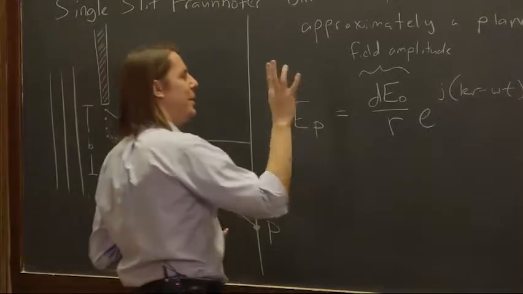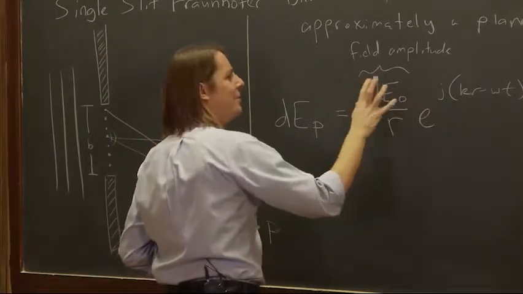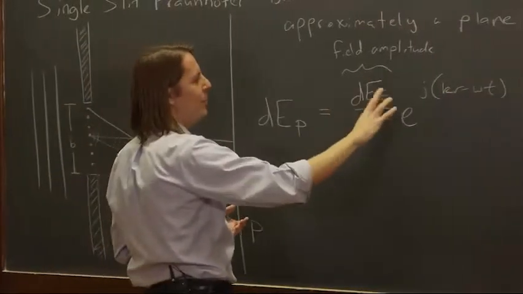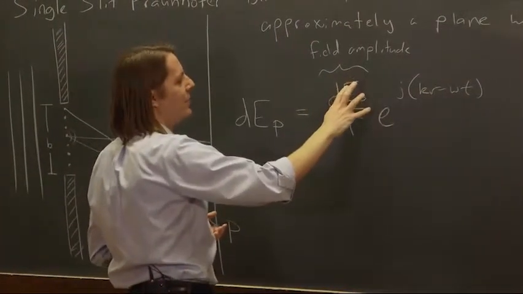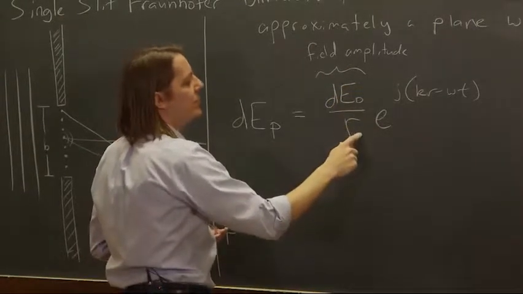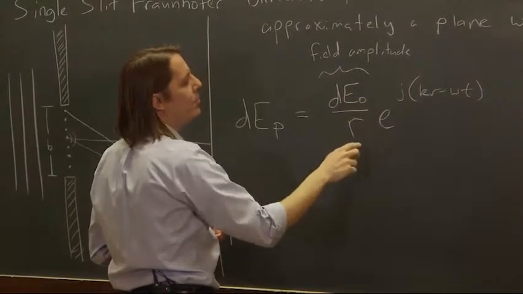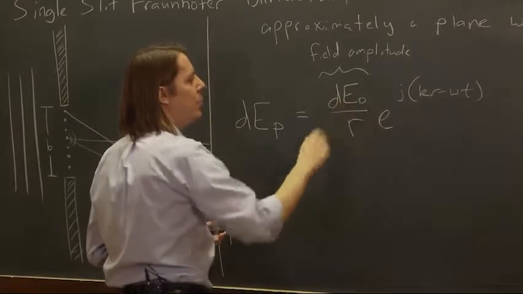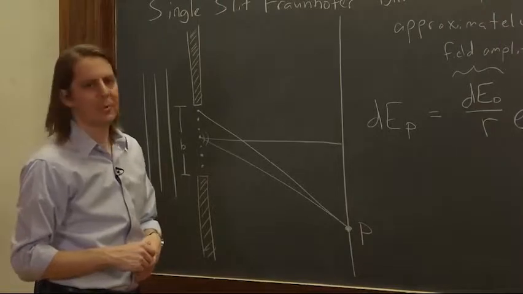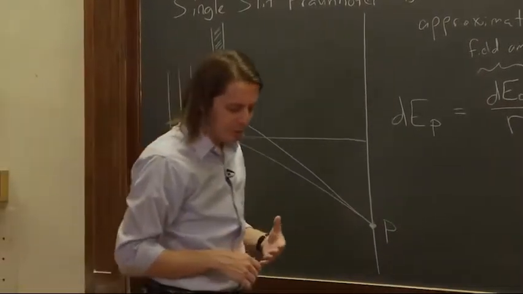You might say you should just put the amplitude at the origin, but the amplitude at the origin would be infinity, which doesn't really happen, though when something makes a spherical wave, it looks like it has infinity at the origin. So you can't do that. Basically you figure out what the electric field would be at 1 unit of distance. If we were doing this in meters, at r equals 1 meter, what would the electric field be? That value is the field amplitude.